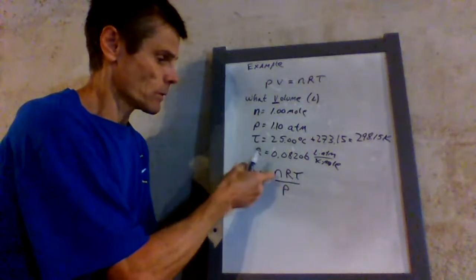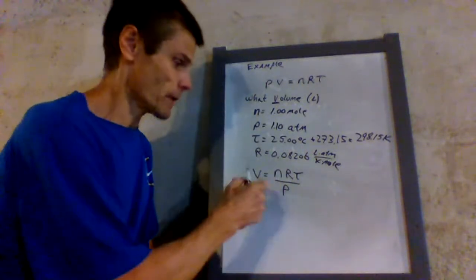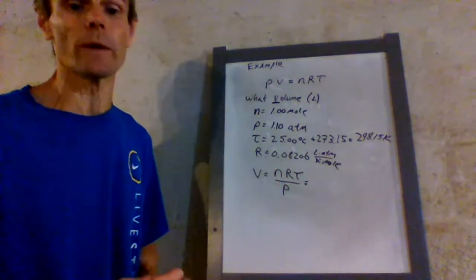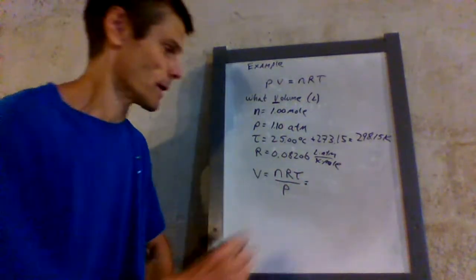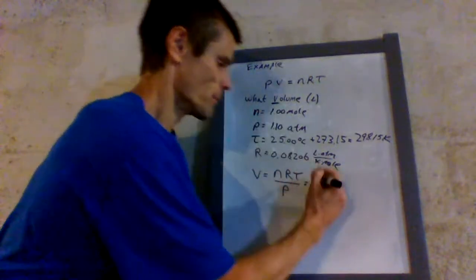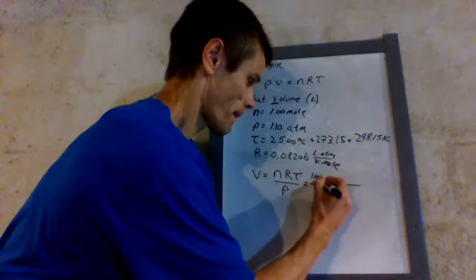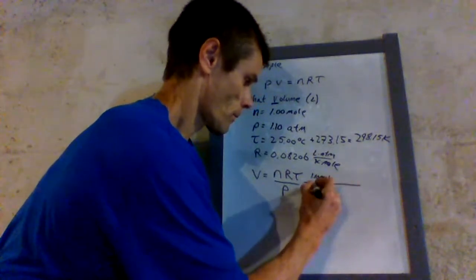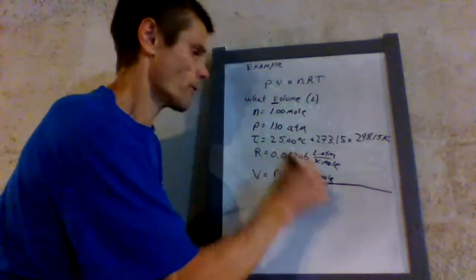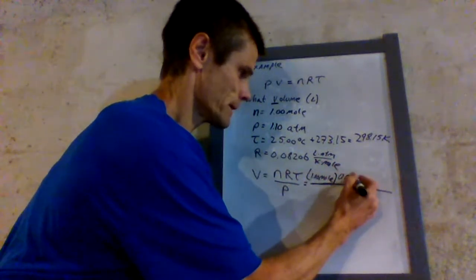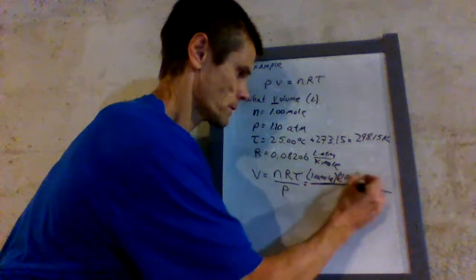And now we can plug in all of our values for N, R, T, and P and solve this equation and make sure that we recognize that the units cancel out. N is the number of moles. We have 1 mole. Our value of R, 0.08206.